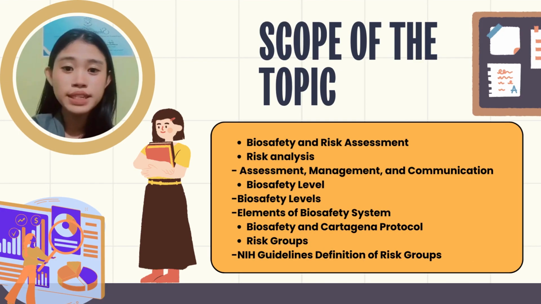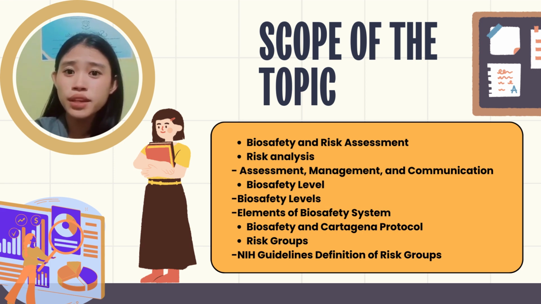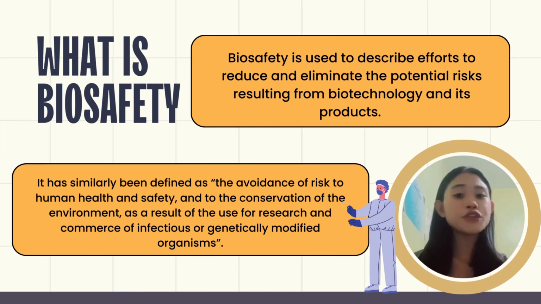The scope of this lesson are the biosafety and risk assessment, risk analysis, assessment, management, and communication, the biosafety levels, and its elements of biosystem, and also the Cartagena Protocol, risk groups, and lastly the NIH guideline definition and the risk groups. So first, let's talk about what is biosafety.